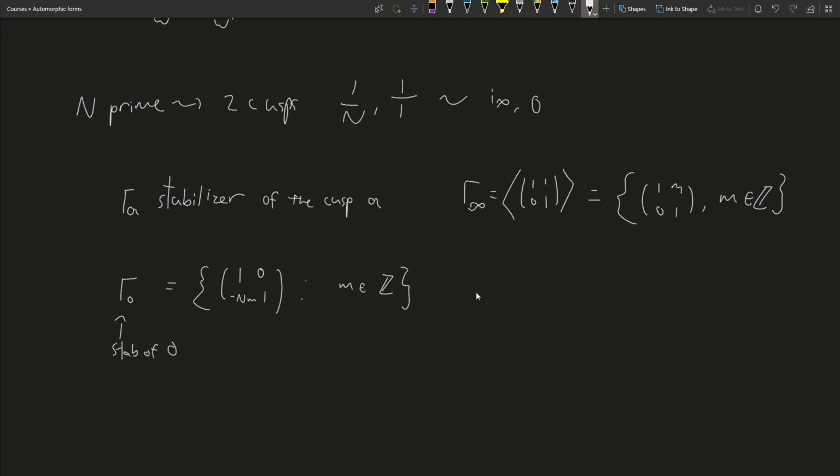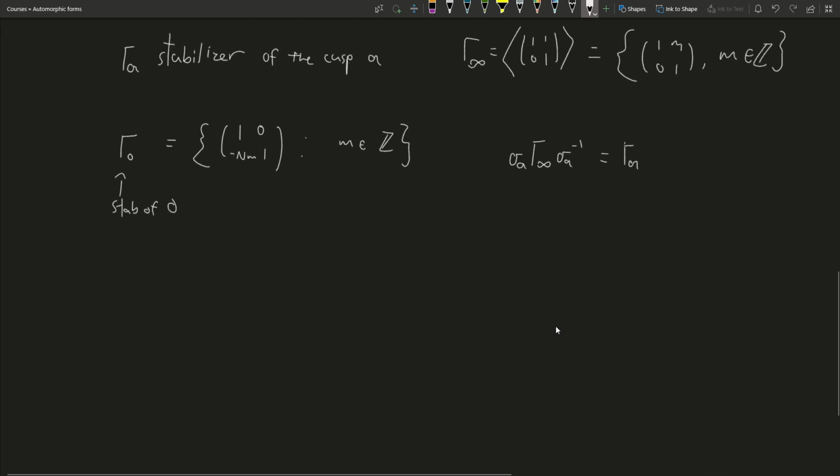And these also have the property that sigma sub a, which is what's called a scaling matrix (I haven't defined it yet), satisfies: sigma a times gamma infinity times sigma a inverse is equal to the stabilizer of the cusp a.